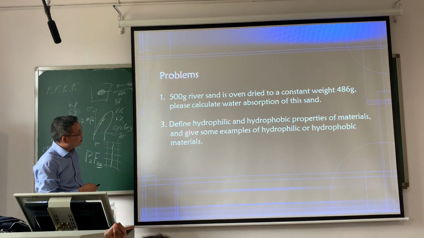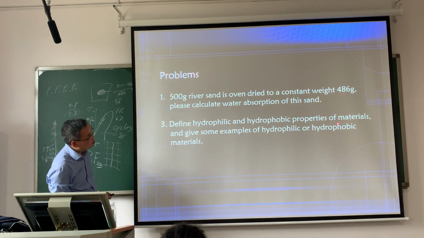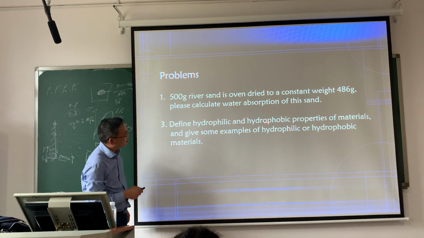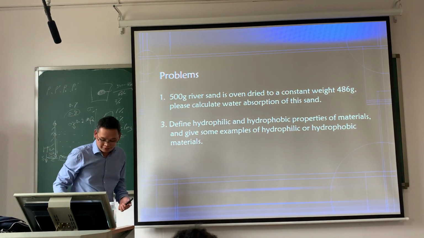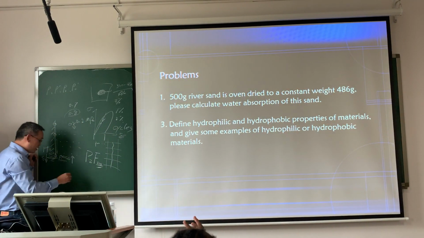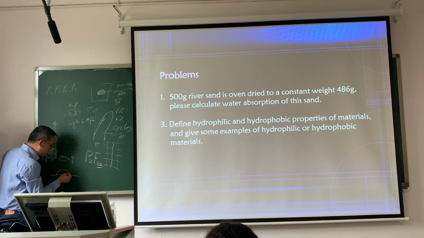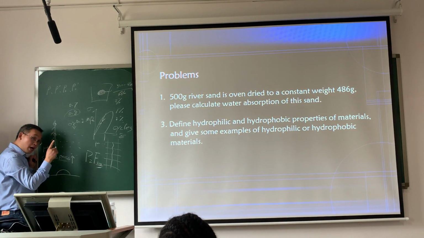And the hydrophilic and hydrophobic properties of materials. I'll give some examples. So, what is hydrophilic? Hydrophilic means if I put water on the surface of the material, there is an angle.